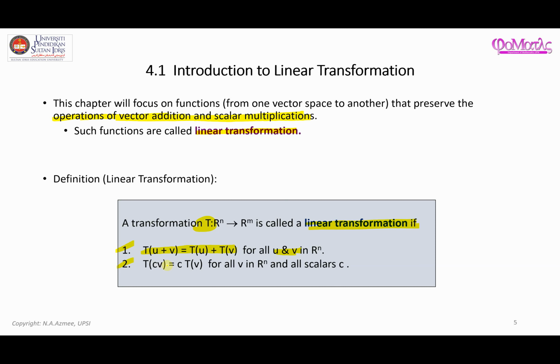And here is related to the scalar multiplication. So this one, C is a scalar. So when you have it, you can just consider taking C out of the transformation function, and then you just focus on finding the result of this.